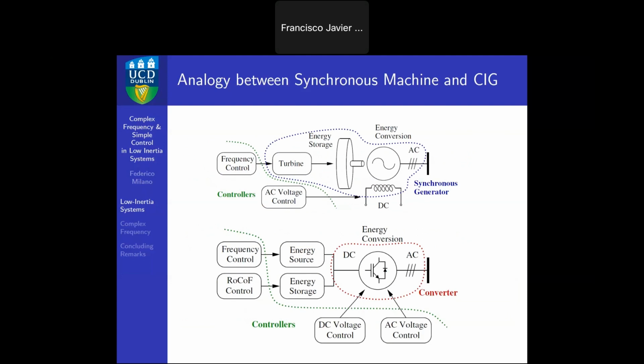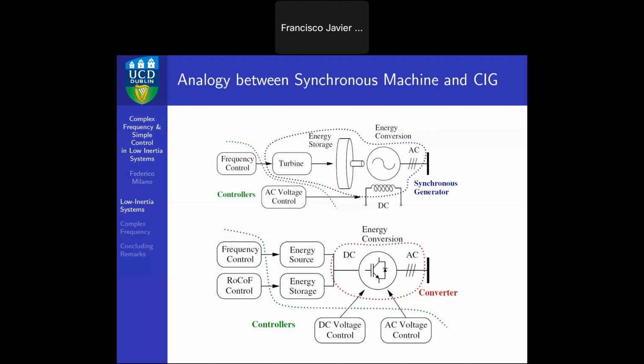What can we do with non-synchronous generation? Now, the good thing about machines is that the synchronous machine is responsible for basically all the traditional instabilities: voltage, frequency, and transient instability. And today there are other instabilities due to converters, but apart from that, traditionally they were a source of problems, but also they have many benefits. The fact that they have an embedded storage, which is their inertia, which is kinetic energy.